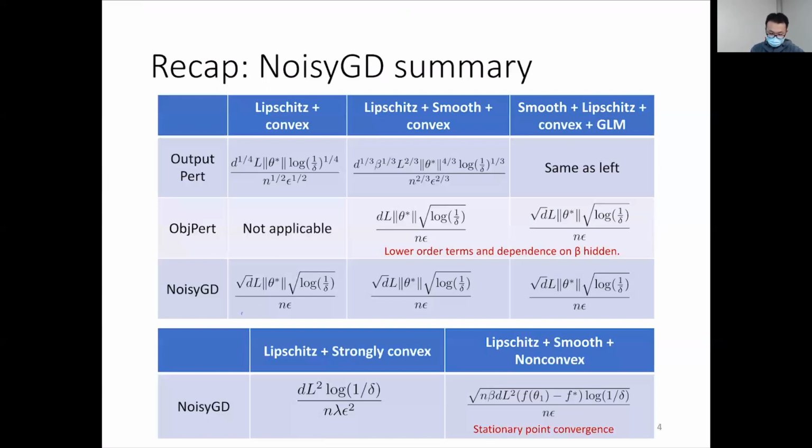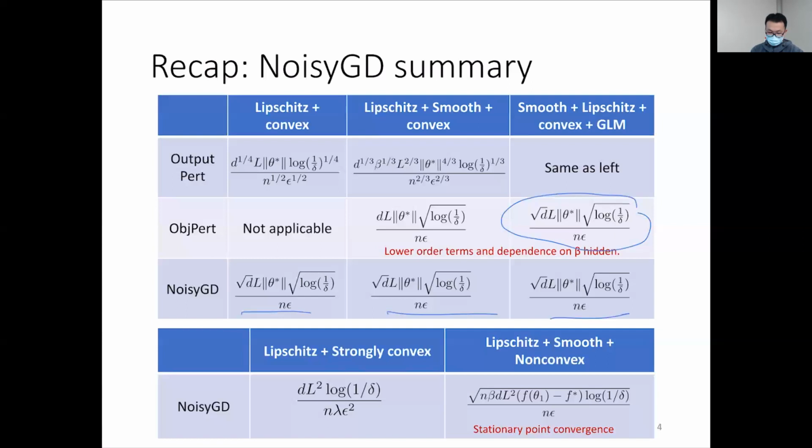We can see that all of these bounds match what is achievable by objective perturbation in the generalized linear model, under additional assumptions, and therefore these are essentially the optimal rates that we can get. This was formally proven as an information theoretic lower bound in the reference paper in our reading list, Bassily et al.